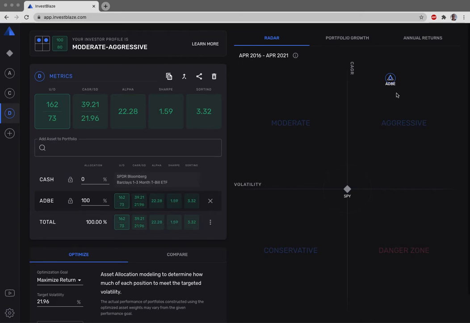You may like Adobe. People tell you it's pretty volatile, or it's a tech stock, so it's highly risky. I want to show you how you can use asset allocation to make it less risky or less volatile. You won't hear me use the term risk too often, even though it's a favorite term within financial advisor circles. I tend to talk about volatility.